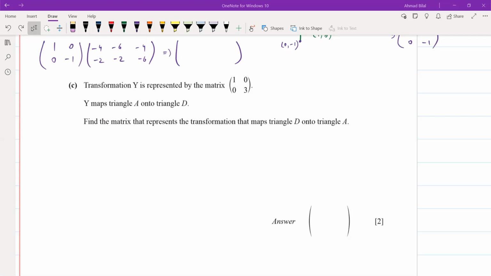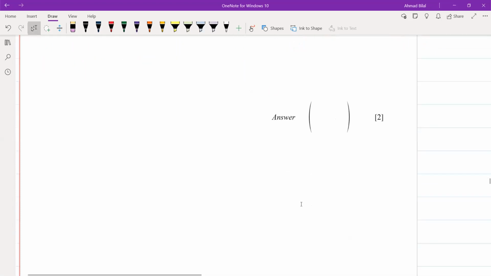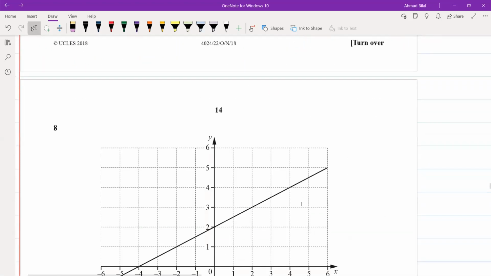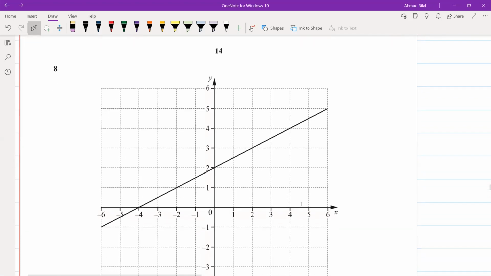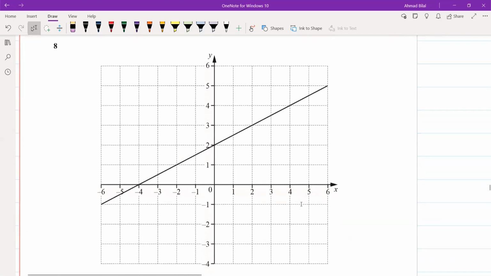I guess stretch का matrix ये होता था, but that's not part of our syllabus anymore, so we don't have to do this. ठीक है, इसको हम skip कर देंगे. It's not part of our syllabus anymore. ठीक है, 2020 onward syllabus के अंदर ये आपका part नहीं है. ठीक है, so इसको आप exclude कर दें. You don't have to worry about this. स्ट्रेच और शेयर हमारे पास होते थे पहले सिलेबस के अंदर. They are not there anymore, so that's why we can skip that.